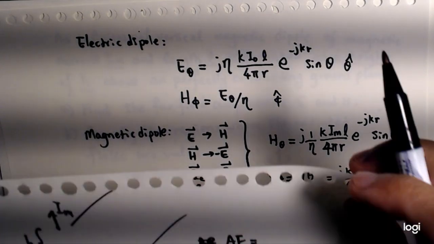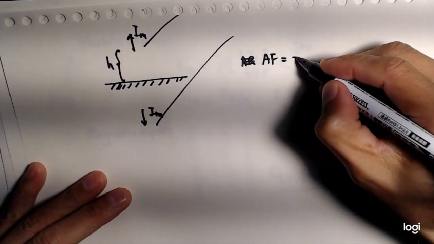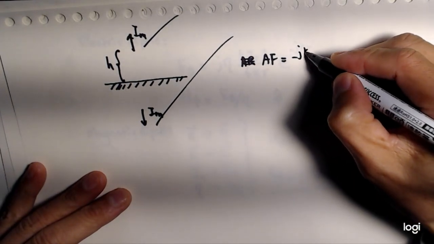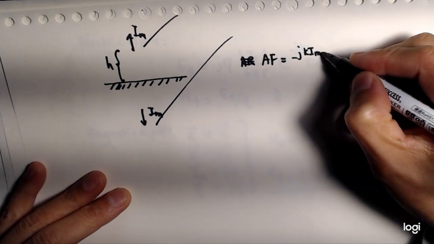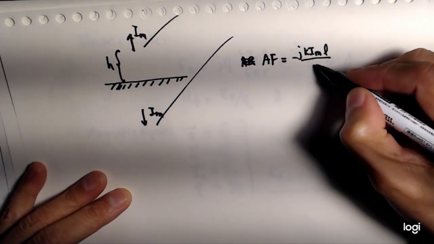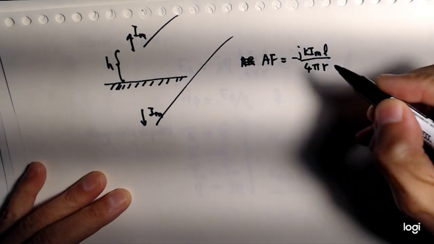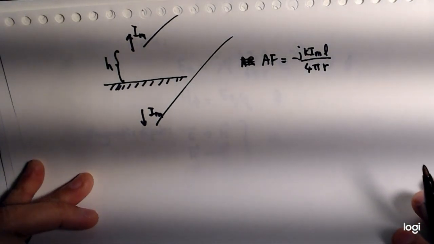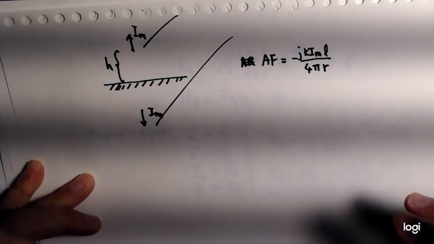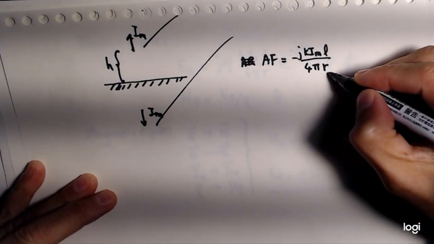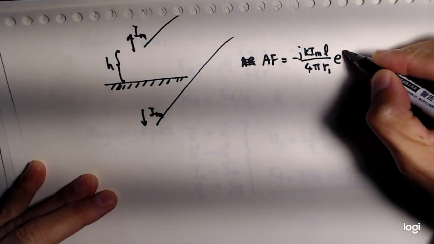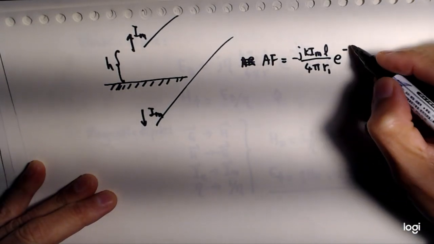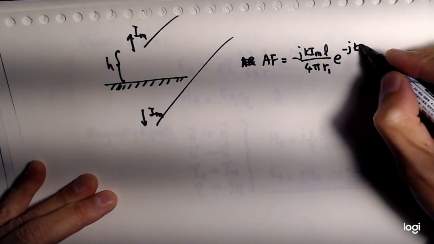So minus j k I m L over 4 pi r1, and then e to the power of j k r1.